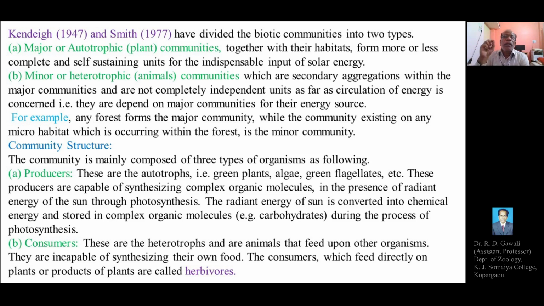This means the animal communities are solely dependent upon the plant communities for their energy source, or food.